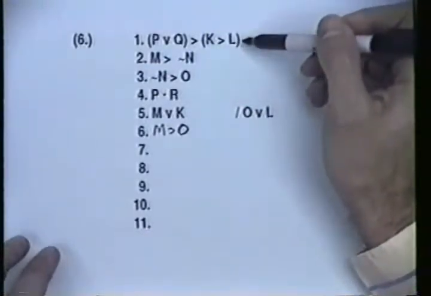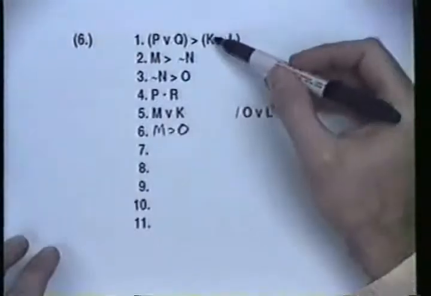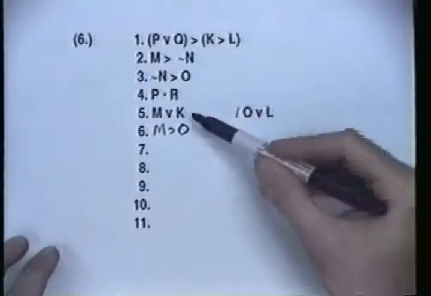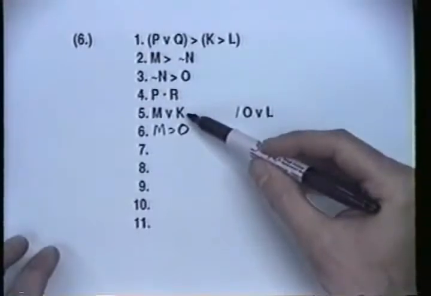Do we have the other part of the constructive dilemma rule, namely the disjunctive line, which would in this case be M hooks K? And you look around and we find that that is line 5. So that looks real promising.